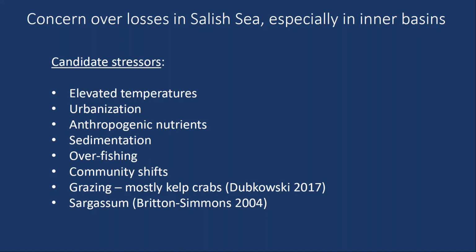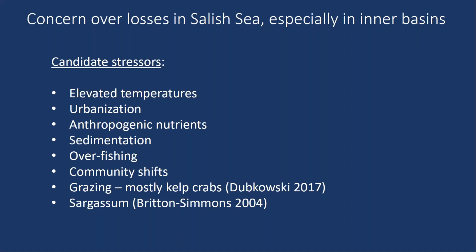It's a standard list. Overfishing, community shifts, and two key issues for our region, which are grazing, and one of the big concerns are kelp crabs, and also the non-native alga sargassum, which both have studies that show impacts on kelp.